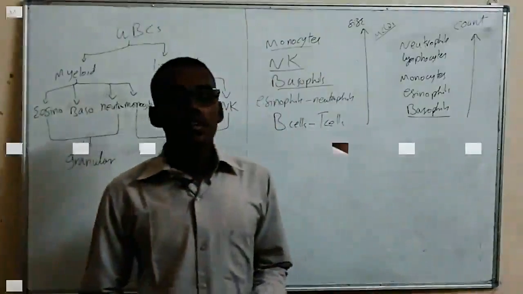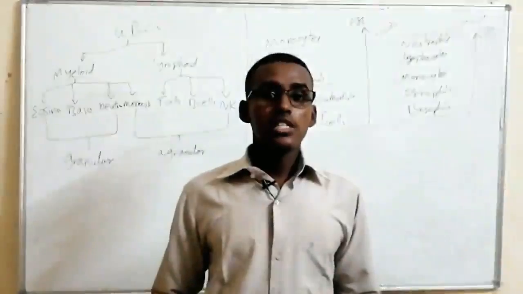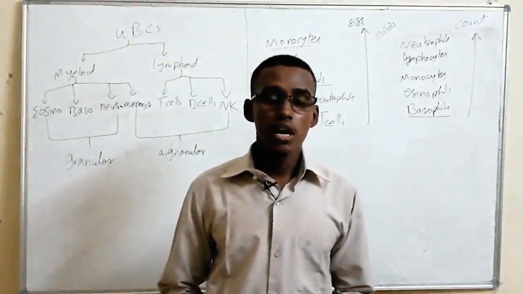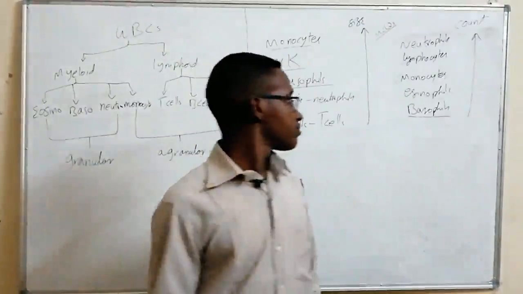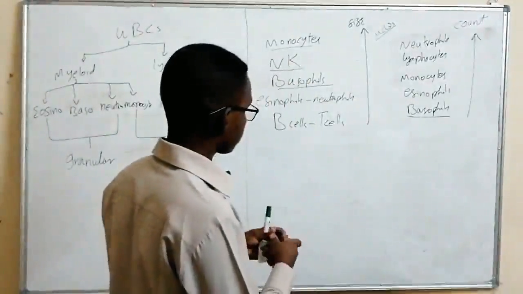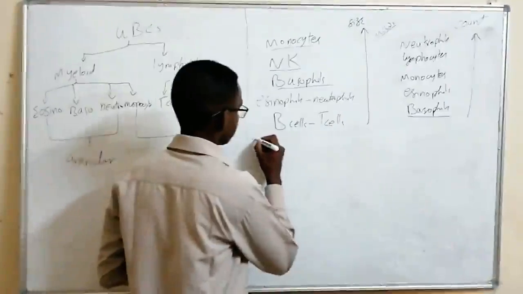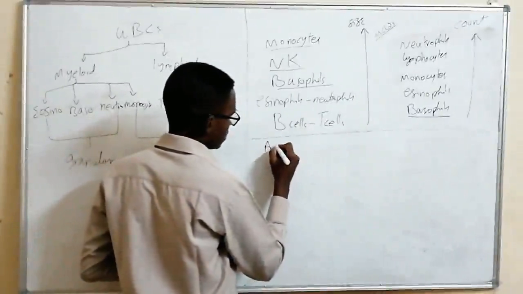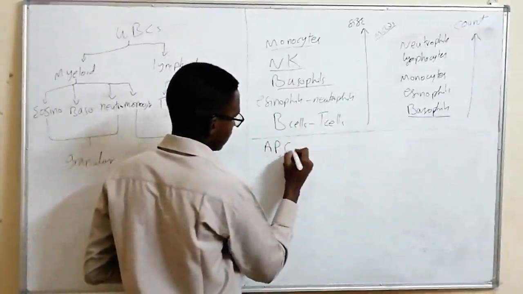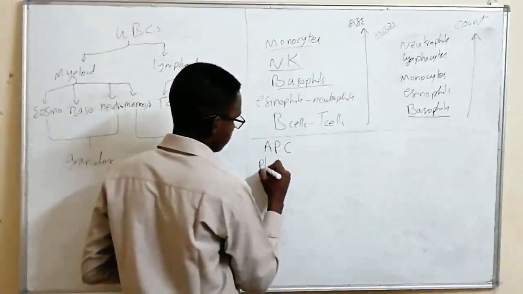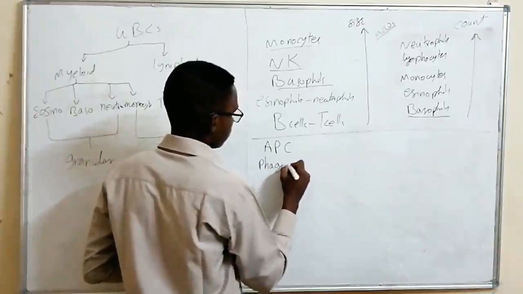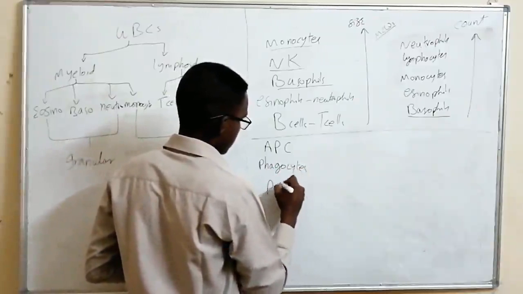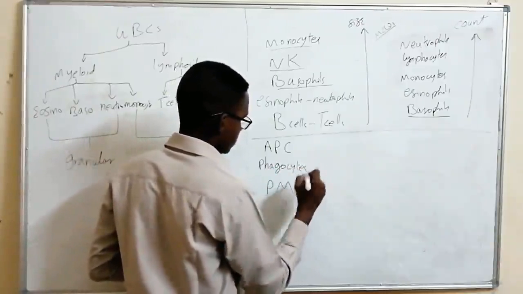Okay, finally I would like to mention some terms which are really important to understand and you will encounter in the next videos. We have antigen presenting cells, phagocytes, and PMNs.